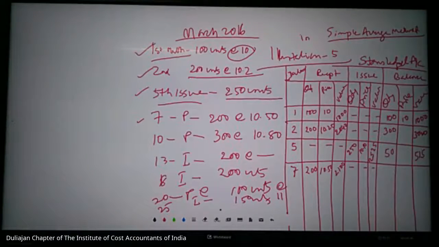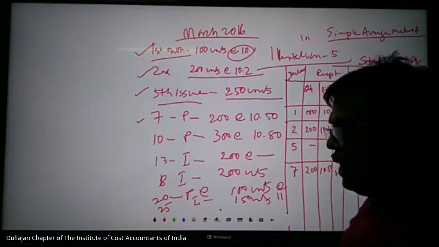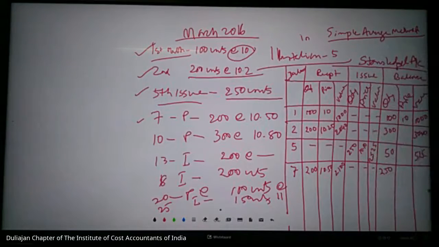So my stock increased. 50 was there, 200 came, so it became 250. Plus my cost also increased. It was 515 and 2100 added, so it becomes 2615. Now in the simple average method, this price is not relevant.